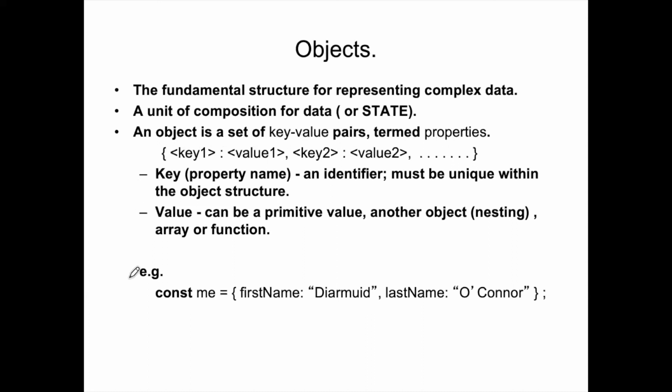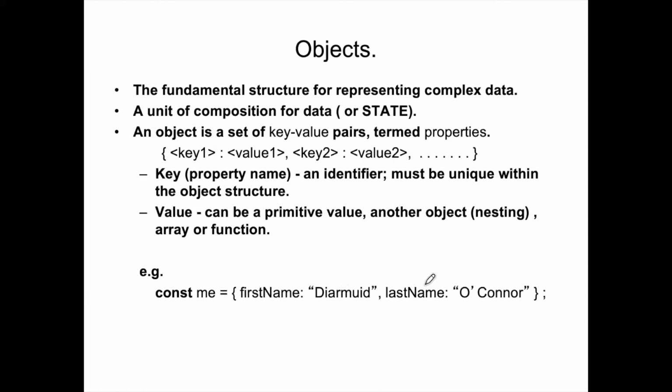If we skip down to the bottom of the slide, here I'm declaring using const, as it turns out. I could have used let as well. There is a difference though, and I'll come back to that in a while. But I'm declaring a variable called me, and it's got a key with the name first name, and the value associated with that key is a string called Diarmid.